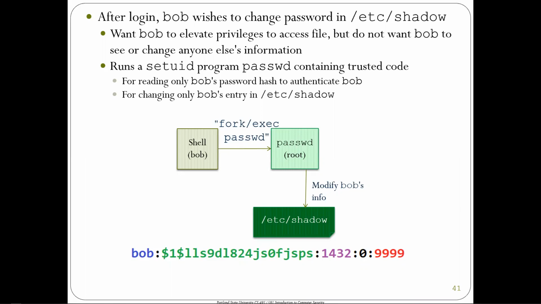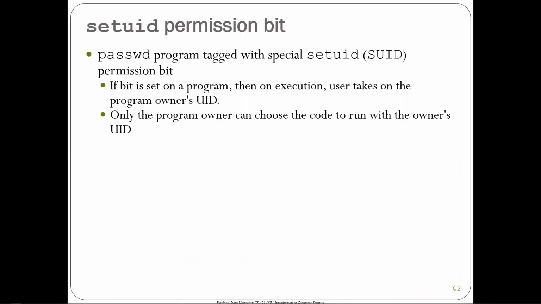Let me talk about, well, how do I configure passwd to do this? How do I create that set UID program? So when I said there were only 3 permission bits, I lied, and I lied again when I said it was a sticky bit. There's also a set UID permission bit associated with this.